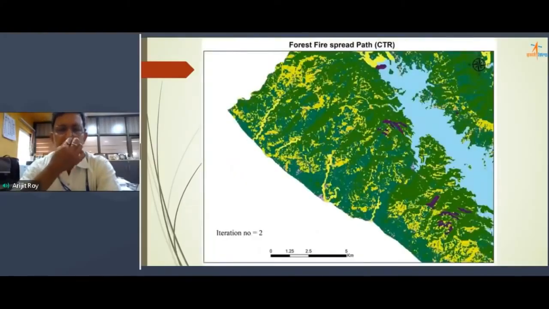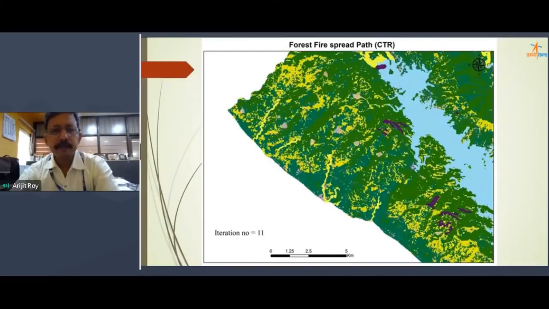So this is a zoomed in version. You will just see the areas where the fire is now spreading. Every iteration is a time step of 1 hour. So every 1 hour, what is the spread of the forest fire, the rate and the direction.